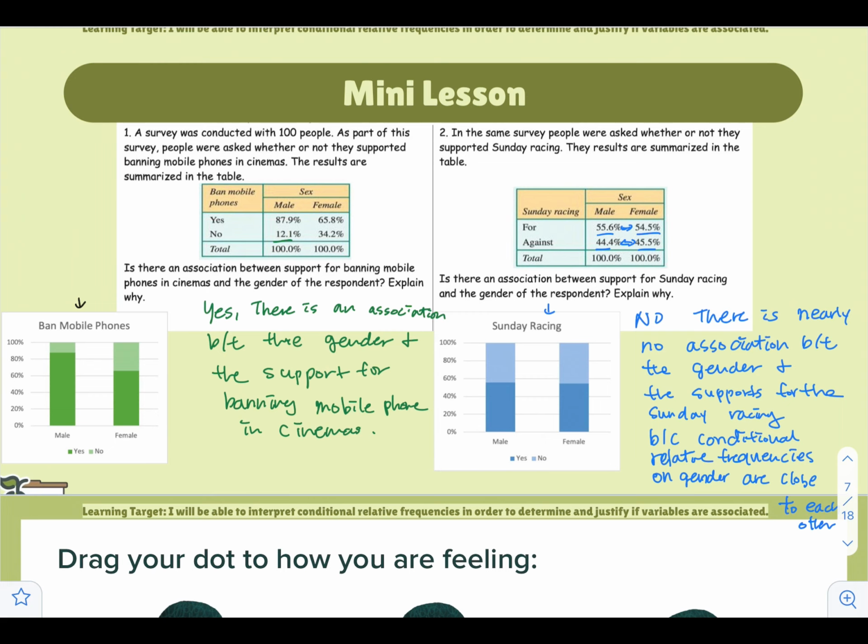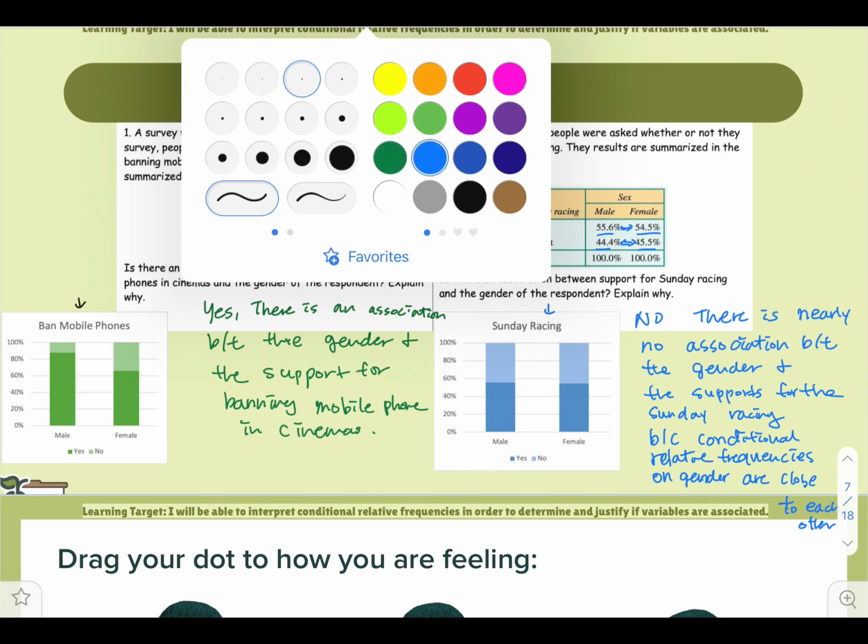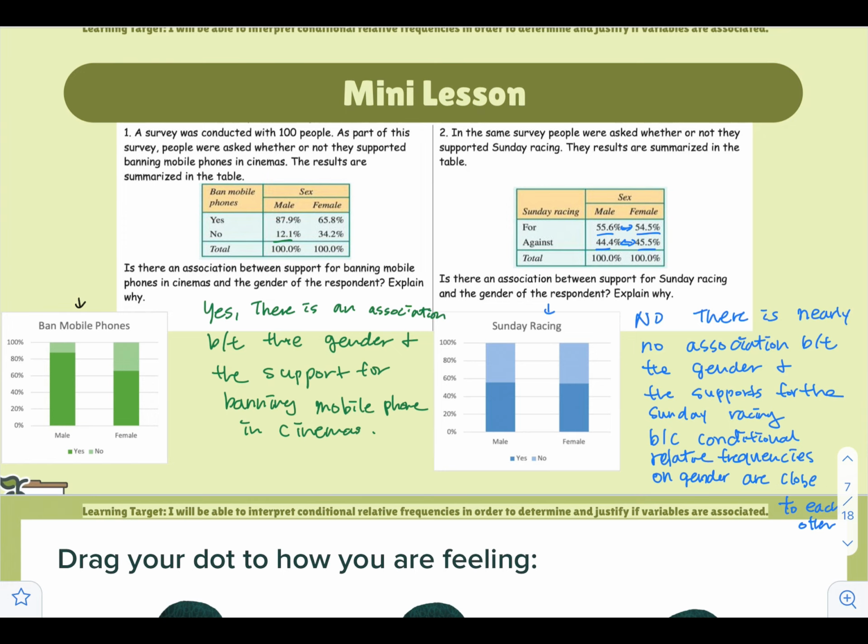If you see bigger differences between the conditional relative frequencies, we say there is an association, because it's easier for us to describe what's going on: more males will be doing this, fewer females will be doing that. But we say nearly no association, or weak association, if the relative frequencies are closer together. If they're literally the same, we say there is no association certainly. But I added the word nearly because they are very close but not the same.